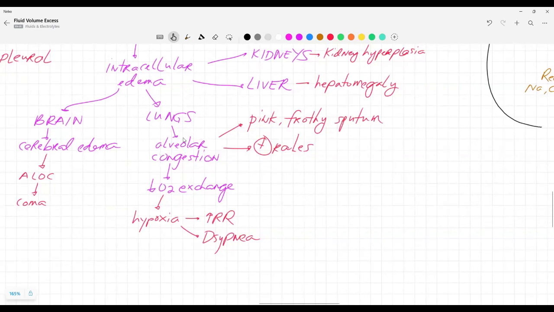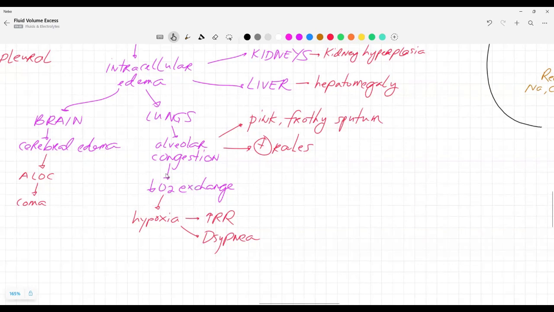And when it shifts to inside the alveoli, then we know that the oxygen is going to have a hard time going through from it being ventilated, being inhaled into the respiratory system and exchanged in the alveoli.